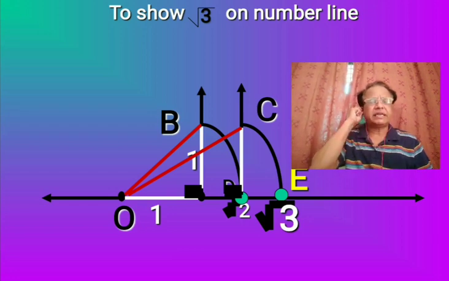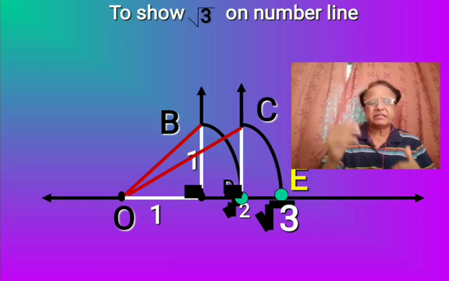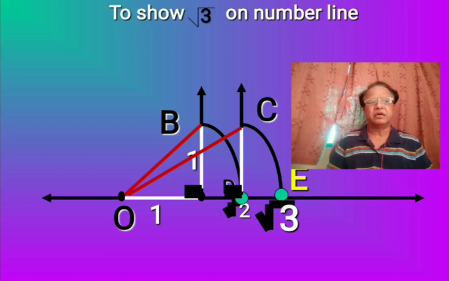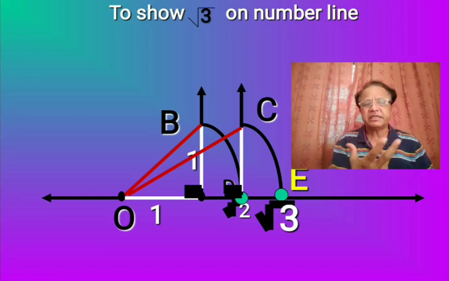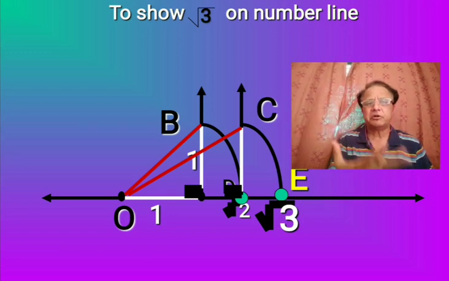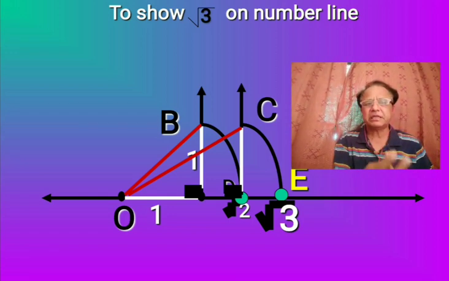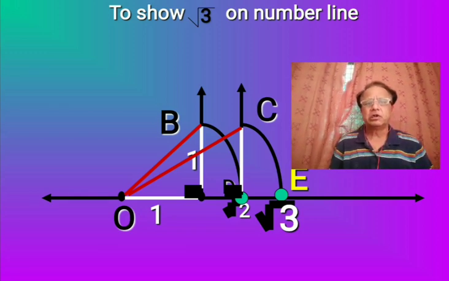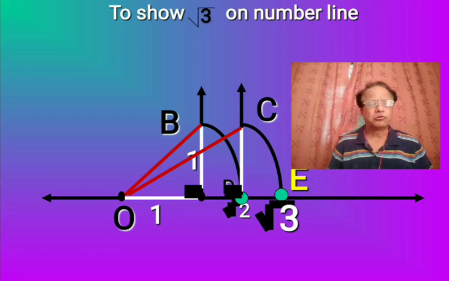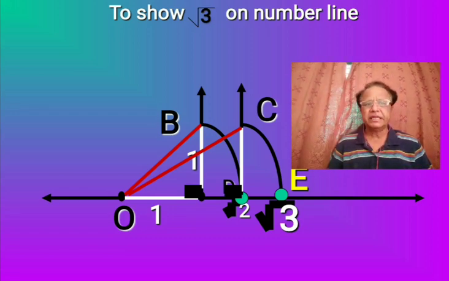In my next video, we will learn what irrational numbers actually are. This procedure is very simple. That's why I revised this particular part, drawing root 2 or root 3 on the number line in this video, because some of the students already learned it in the 8th standard.